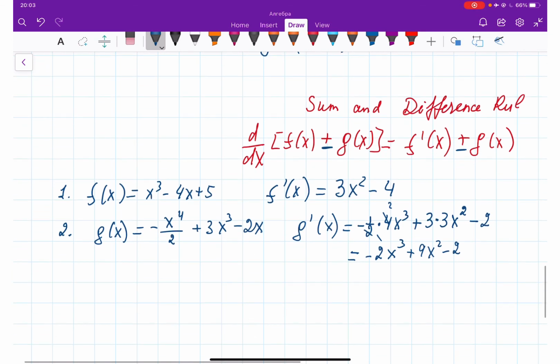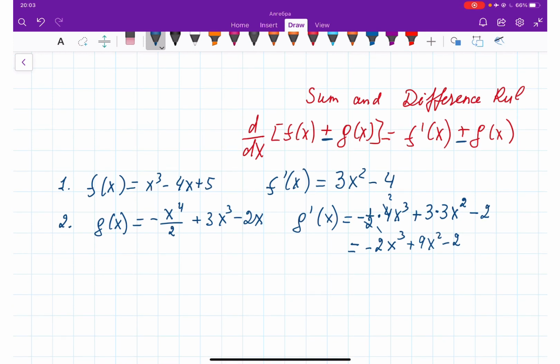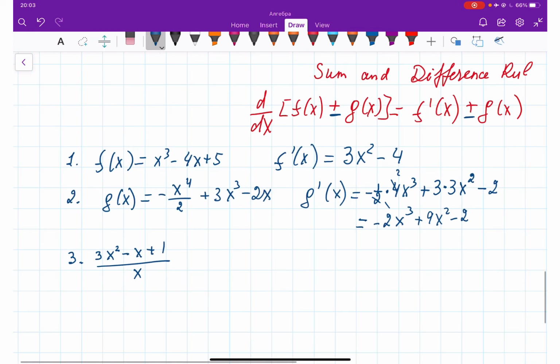And one more example. 3x squared minus x plus 1 over x. So I'm going to simplify before I apply the sum and difference rule. I'm going to split this trinomial in the numerator using the common denominator, which is going to be 3x squared over x minus x over x plus 1 over x.